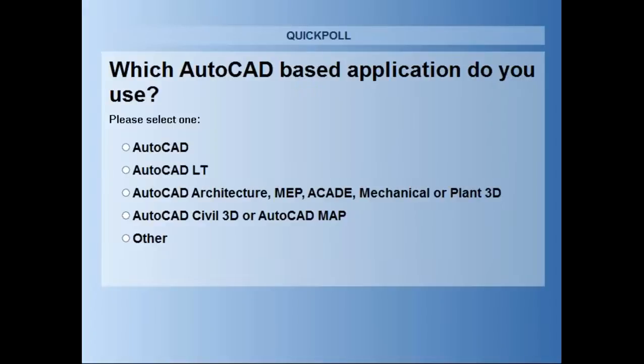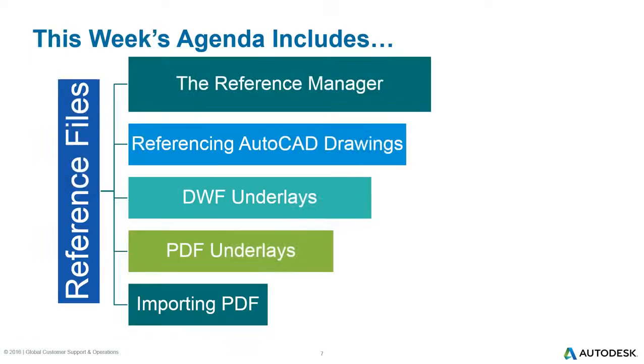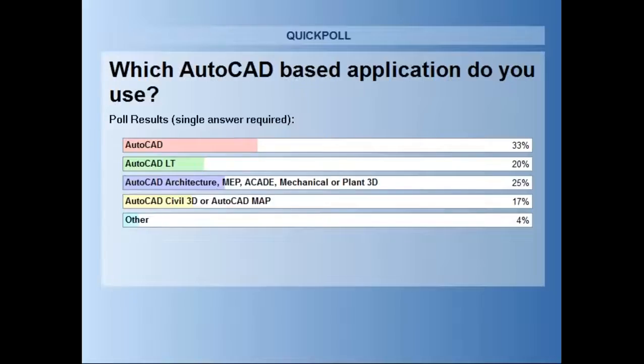And it looks like a pretty close split this time around, with the majority still AutoCAD and AutoCAD LT users. 33% AutoCAD, so about 53% on the AutoCAD and LT package, and then 25% using the AEC product. So very cool. Thank you for taking care of that poll.